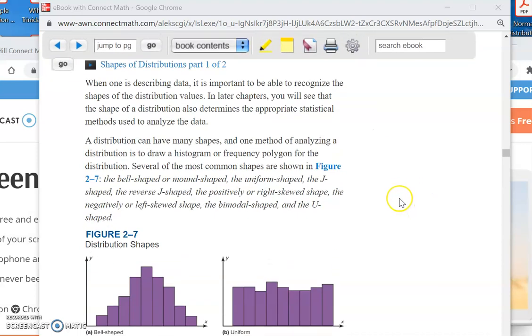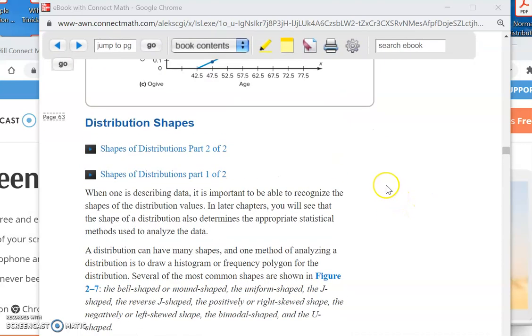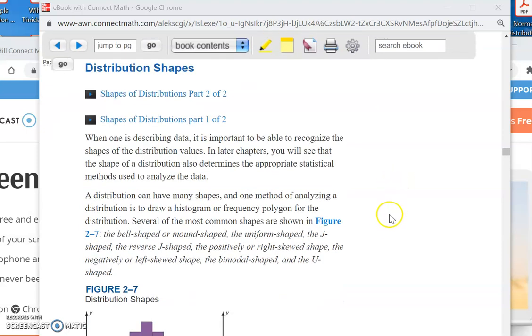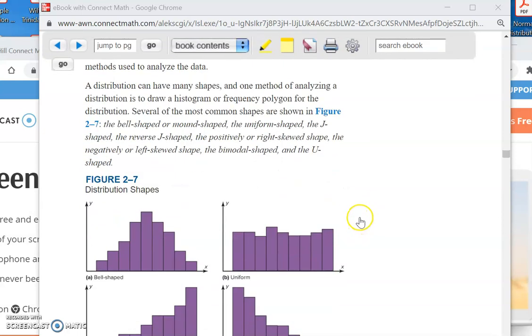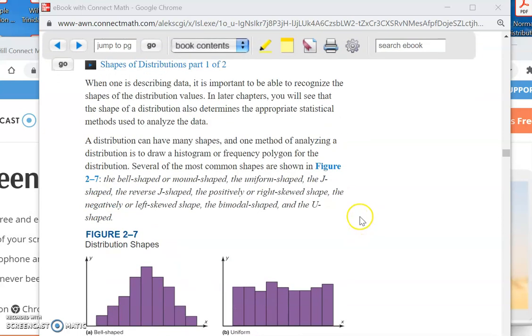All right, so now the next topic is talking about the distribution shapes. And the concept here is that once you draw the histogram, it's very handy many times to look at the shape and have some idea of what the shape looks like, okay?